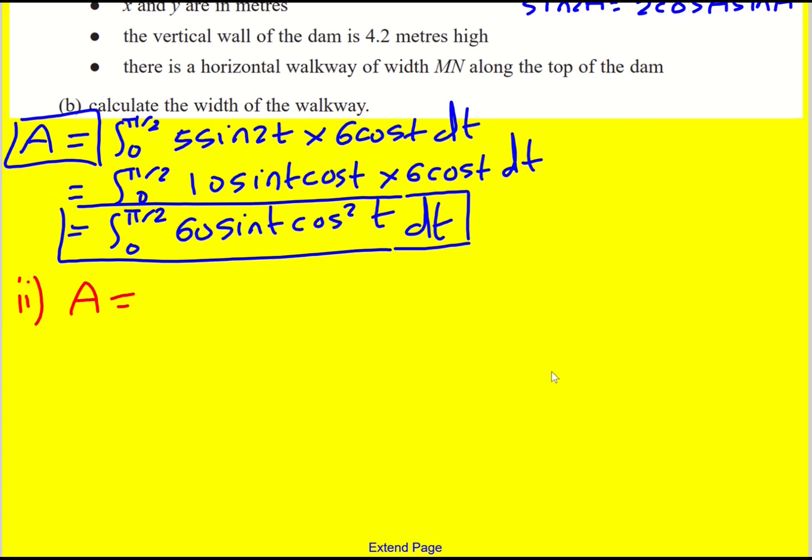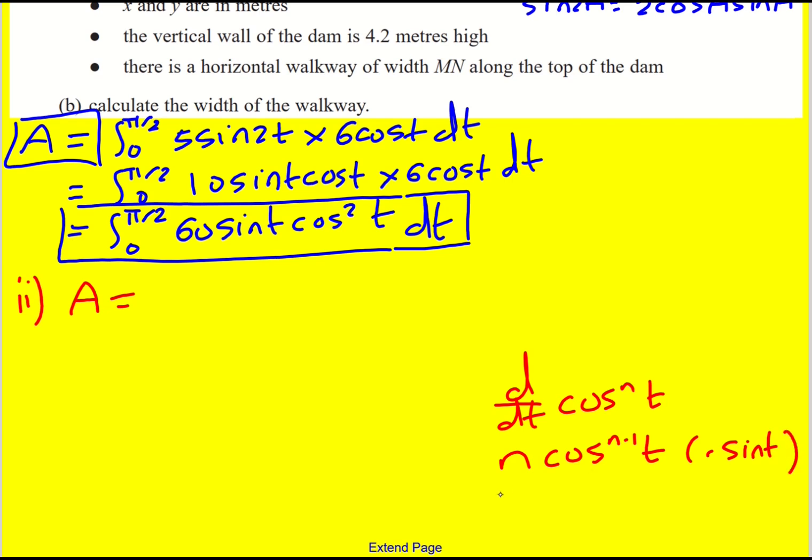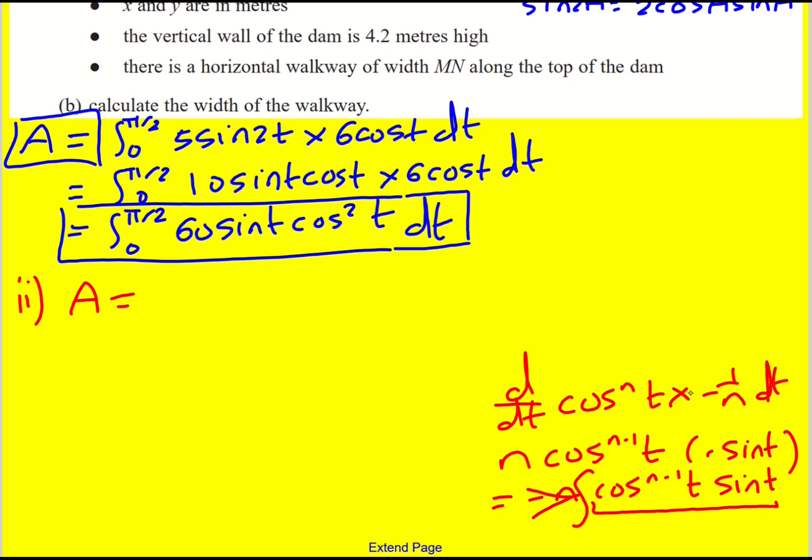Remember that when you differentiate cos to the power of n, you bring the n down, you reduce the power by 1, and then you times by the derivative of cos, which is minus sine t. So you get minus n cos. And the result is that if you ever integrate cos to the power of something times sine, the integral would just be minus 1 over n times cos to the n t.